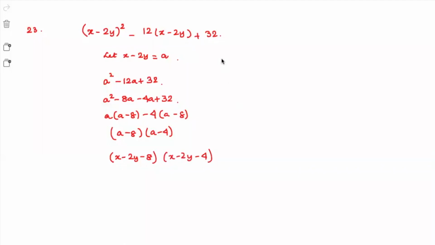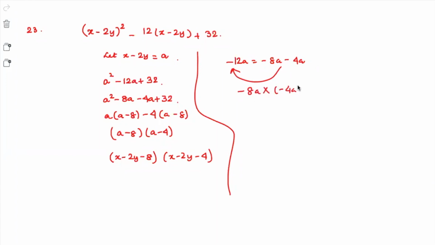Now here there are two things to be considered. If you want to do it as it is, you can do that without replacing x minus 2y with a. If that is convenient to you, you can do that. Secondly, when I took minus 12a as minus 8a minus 4a, why? Because minus 8a minus 4a gives us minus 12a, and minus 8a into minus 4a gives us 32 into a square.